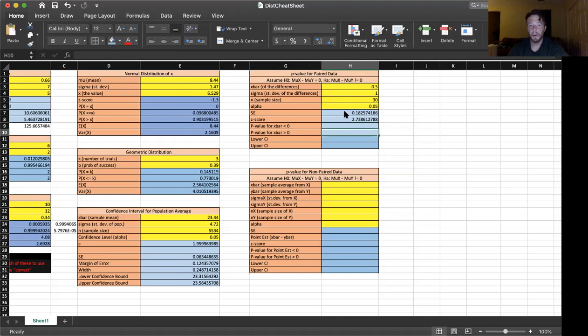And then if you recall, since this is a two-sided hypothesis test, there's the case when our point estimate, our x bar, is above mu, which is 0 in this case, and there's the case where it is below mu, which again is 0.